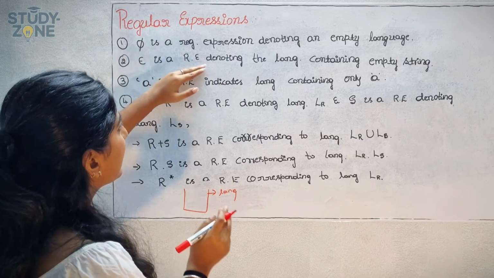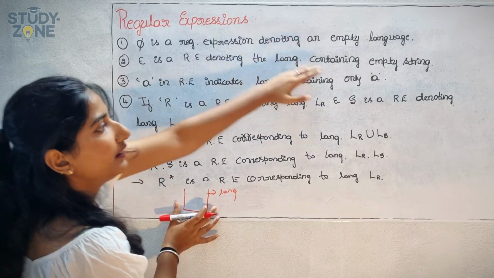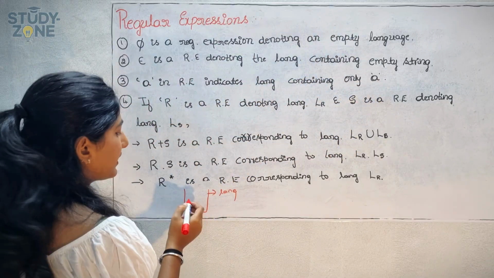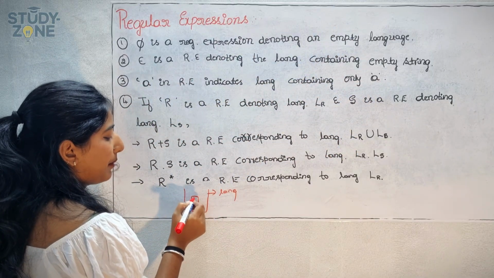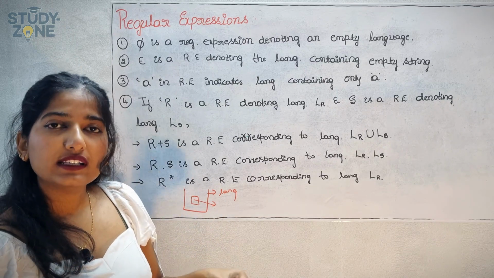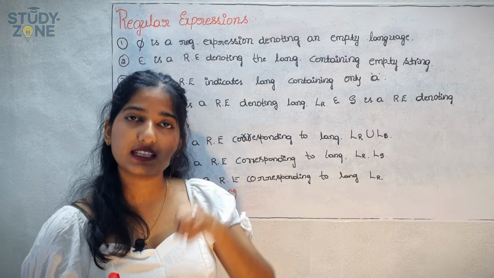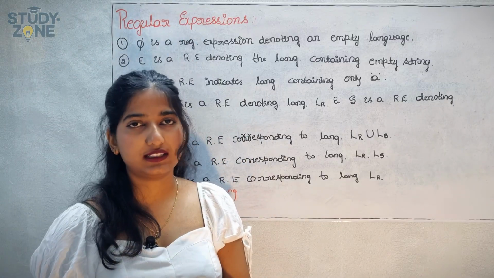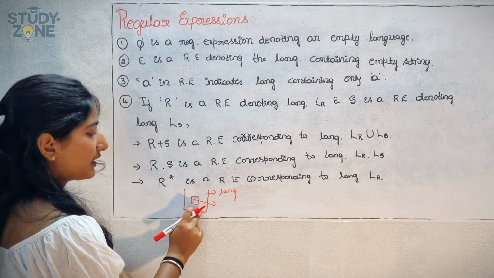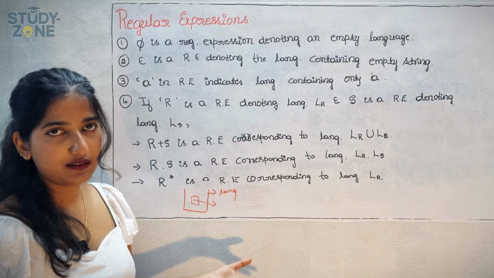And epsilon is a regular expression denoting the language containing empty string. Let's take this box contains a paper, but this paper is empty, which has no writings, which is blank. Okay, there is a box and inside there is a paper, but the paper is blank. This is empty string. Empty language means there is nothing in the box.